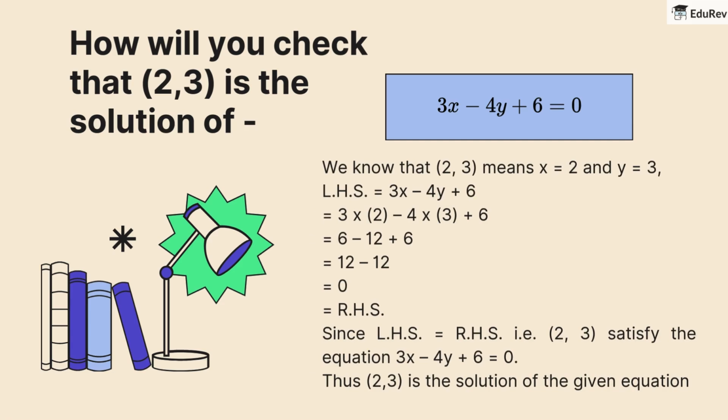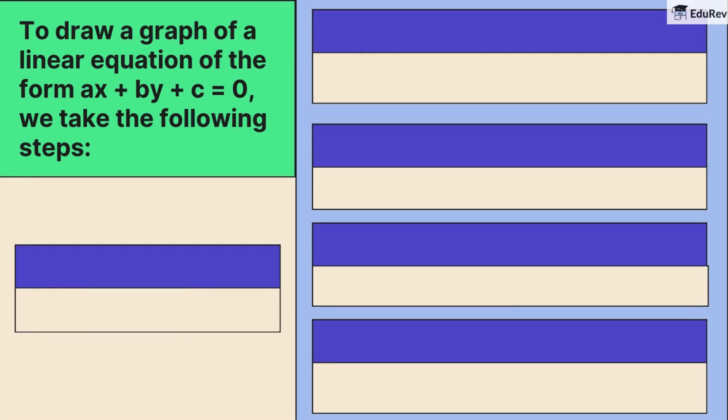We know that (2, 3) means x = 2 and y = 3. Therefore, the left-hand side equals 3(2) - 4(3) + 6, which simplifies to 0, confirming that (2, 3) satisfies the equation.